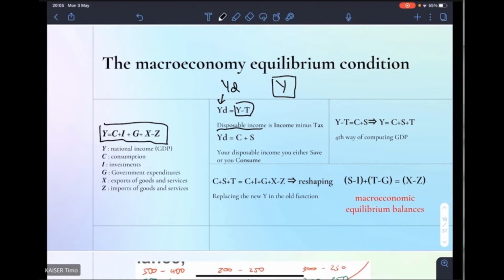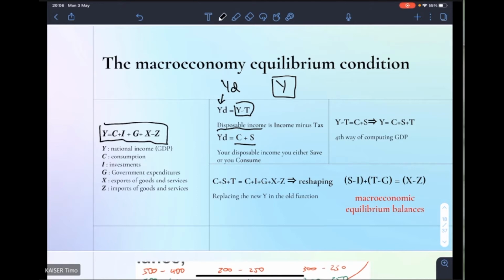And yeah, something else that is introduced in this slide is the savings function and the consumption function. Because actually, what are you doing with your disposable income? You have two possibilities. You can either consume with this money, you can buy food or clothes or whatever, or you can save it.